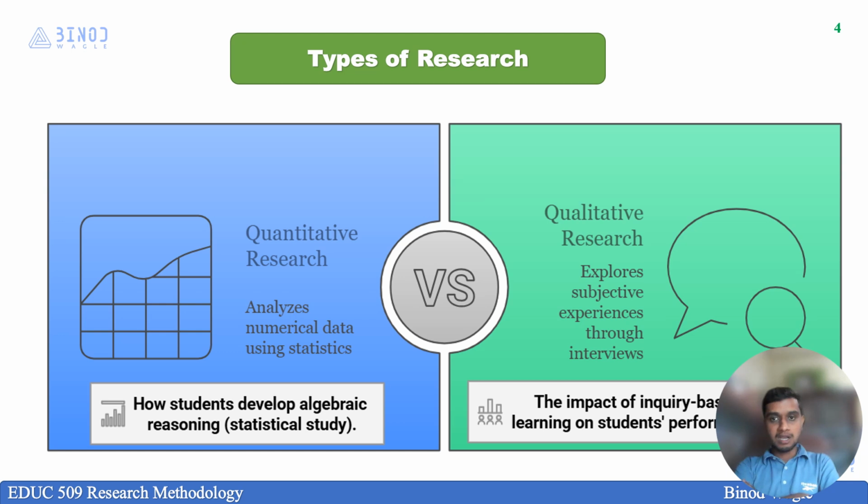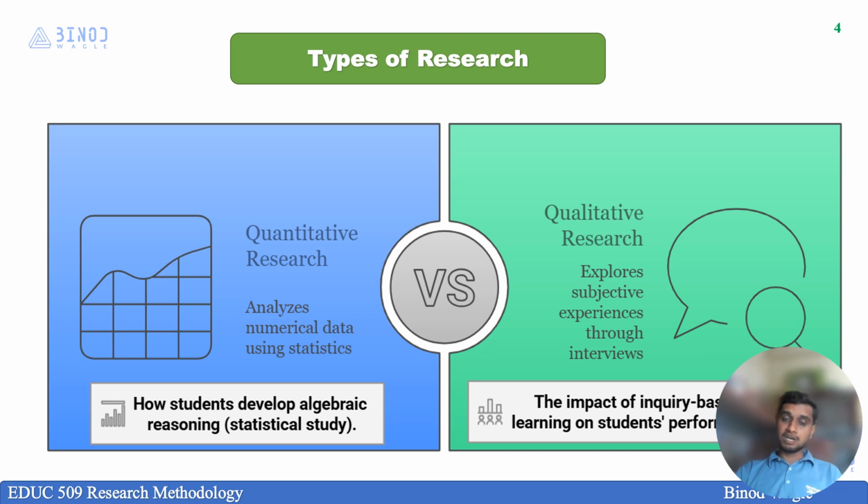For example, how students develop algebraic reasoning by the study. We can conclude the result by using statistical study. This type of research is quantitative research. Then the second one is qualitative, which deals with quality. Qualitative research always focuses on words, feelings, and experience.